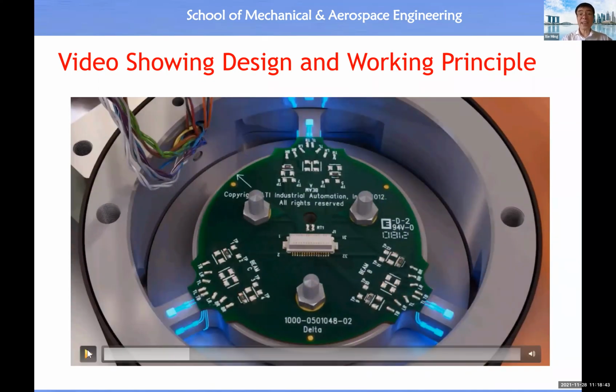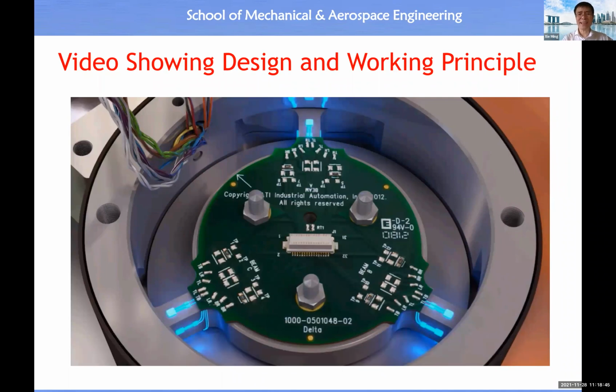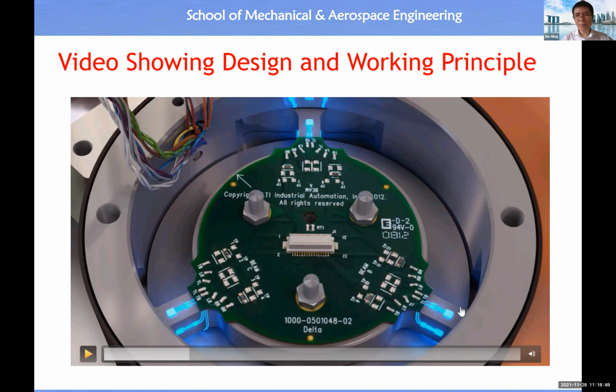Okay, here you see the key component inside the design of a force torque sensor. So you have an outer rigid body, inner rigid body. These 2 rigid bodies are connected by 3 beams. On each beam, you will see at least a pair of strain gauges, which are placed on 2 adjacent surfaces.